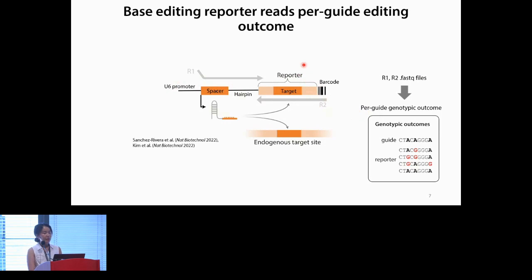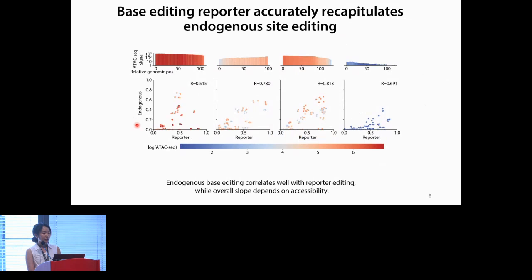We, in addition, made an interesting observation here. We tried to compare the reporter editing versus the endogenous target site editing in 4 different loci and found that reporter editing and endogenous editing are very decently correlated, while also being scaled by the accessibility of that endogenous target site we're targeting.